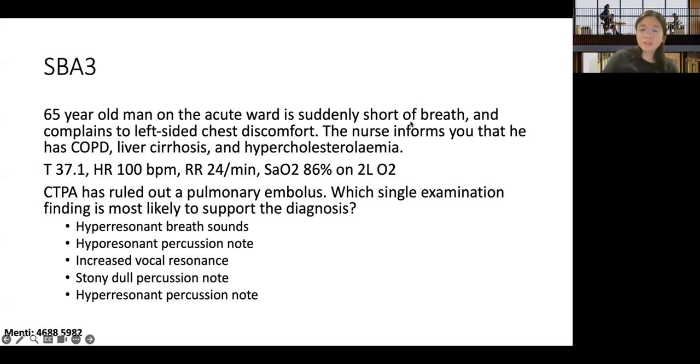So, shortness of breath with chest discomfort, but it's not a PE.